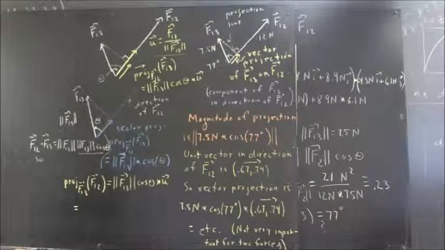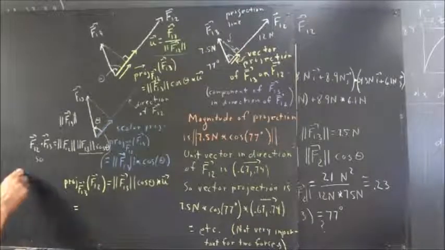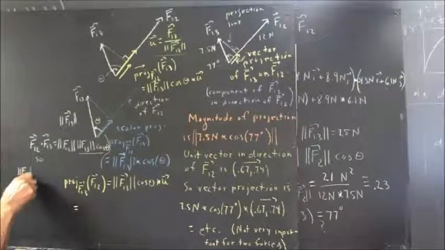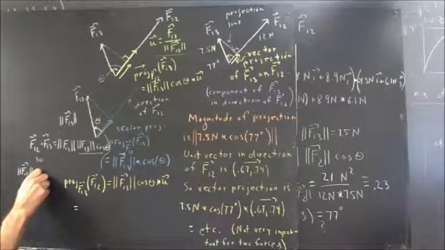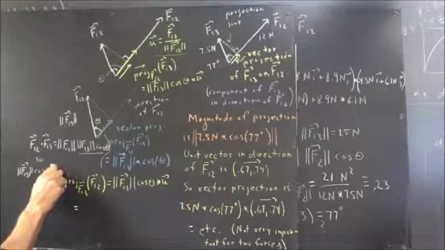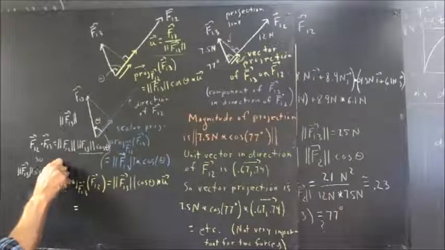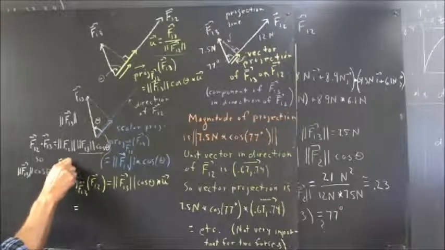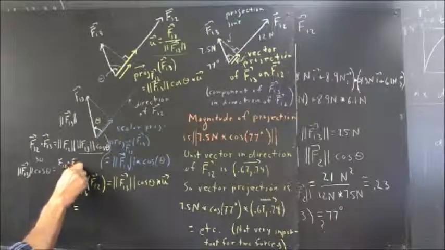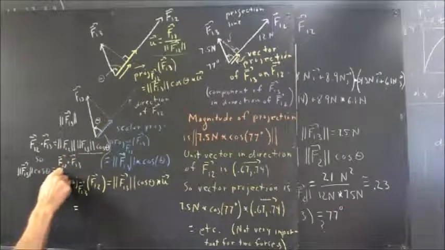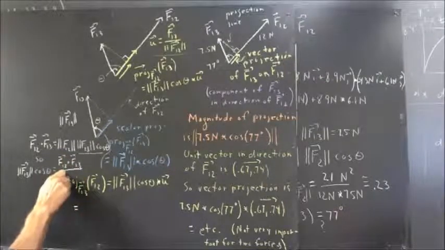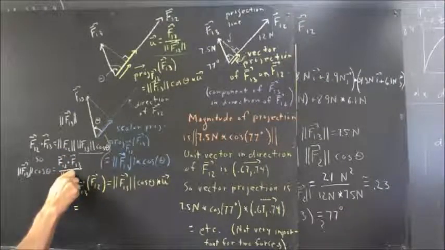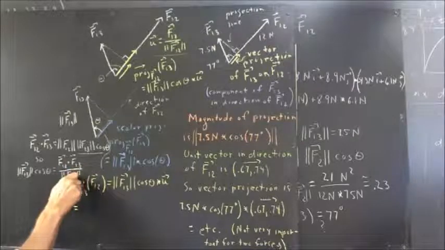So we can write down that magnitude of F13 cosine theta equals F12 dot F13 divided by the magnitude of F12.